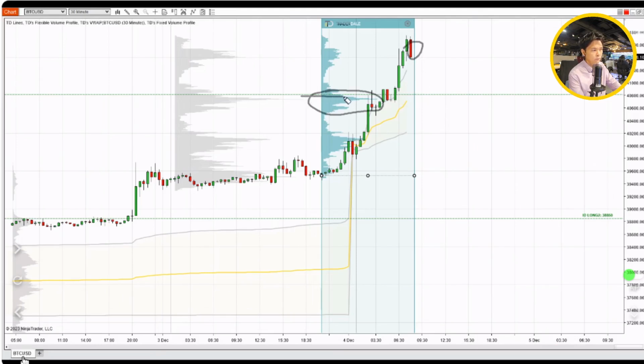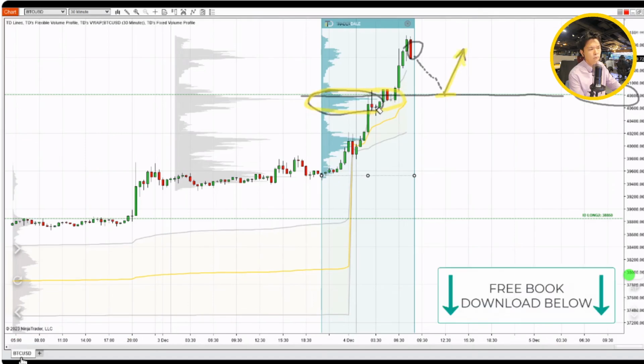This is the beginning of that heavy volume cluster at 40,815, and as I was saying, if the price drops to this level, chances are that there'll be a reaction, as the buyers from this zone will most likely want to become active again and push the price upwards from this zone, because clearly this zone is important for them. That's why they placed a lot of their positions here, as you can see on the volume profile.